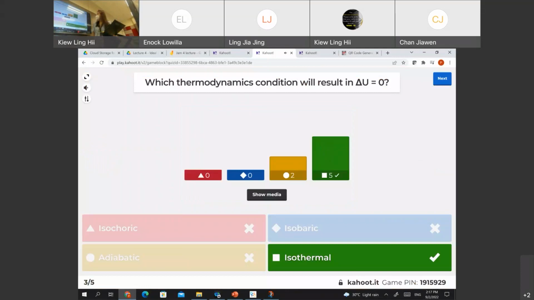So which process shows no change in temperature? Isothermal. Remember the T here? T stands for temperature. Iso means same T, so temperature is the same. Adiabatic is Q equals to 0, so it won't cause delta U equals to 0.